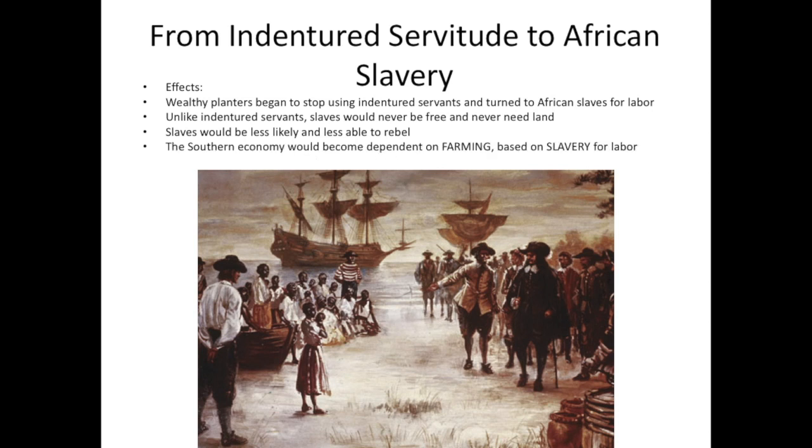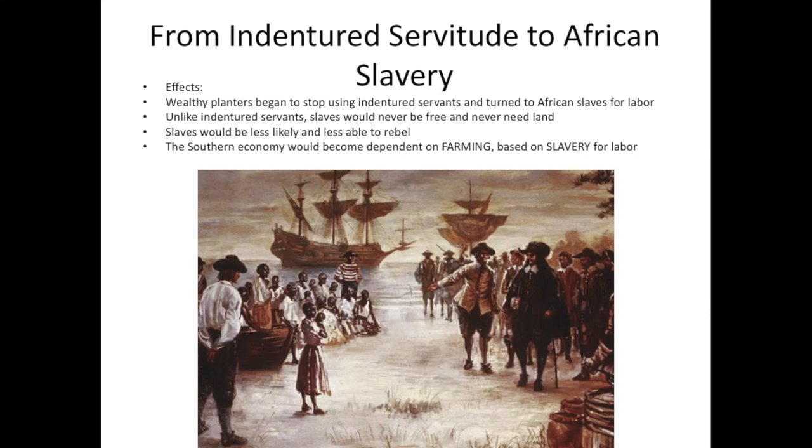In the end, though, this last sentence is going to sum up the entire first page of this lecture, the biggest point at least, and that is that in the end, the Southern economy is going to be dependent on farming. It's going to be dependent on agriculture. At this point, it's going to be tobacco mainly.